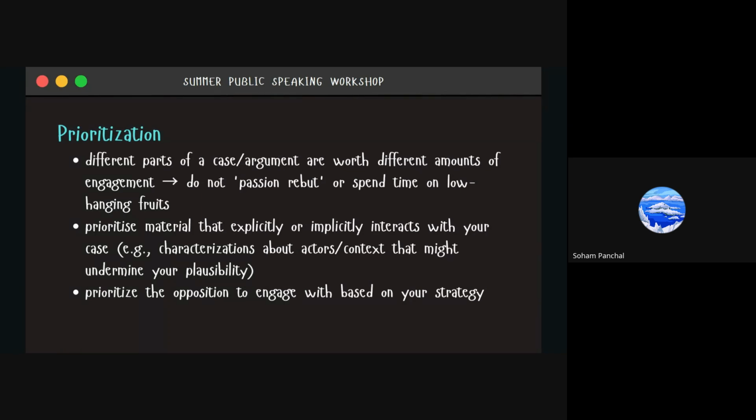That's why you should prioritize engaging only on what you have decided you will speak upon, or build your case upon.